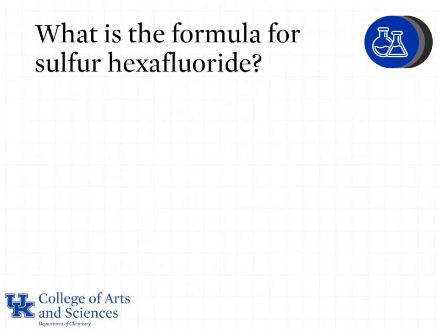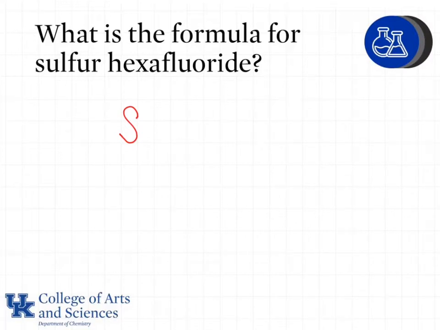Let's look at another example. What is the formula for sulfur hexafluoride? Well, we see we have sulfur, so we can write down the symbol for sulfur, but we notice there's no prefix before sulfur. And when that happens, we know that the value is 1. So sulfur itself has no prefix, so it's not going to have a subscript in the formula.